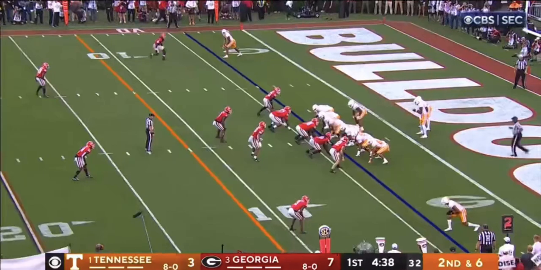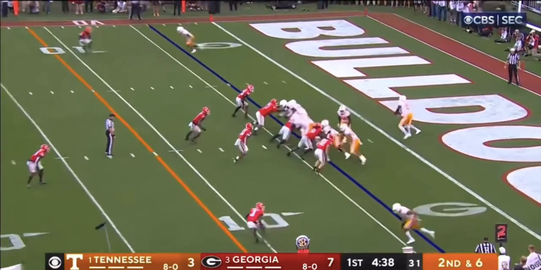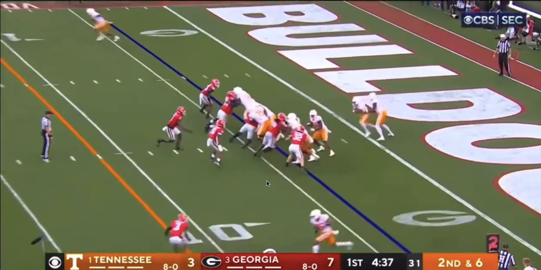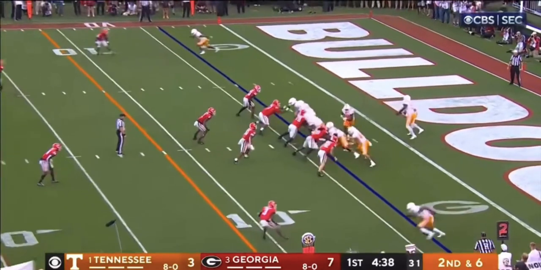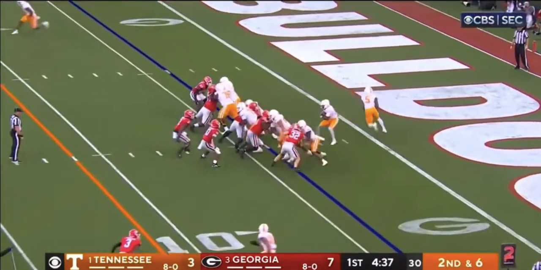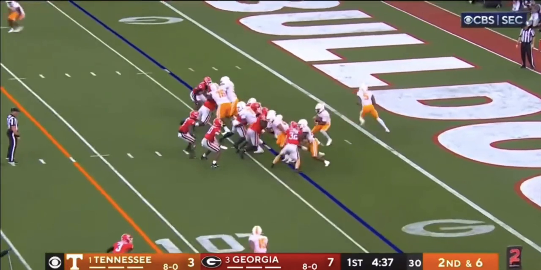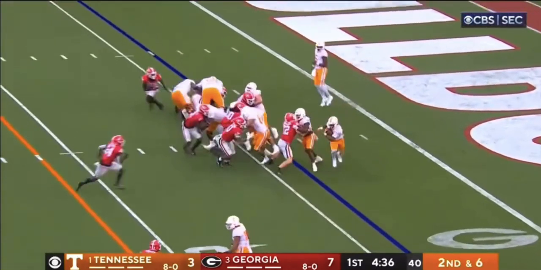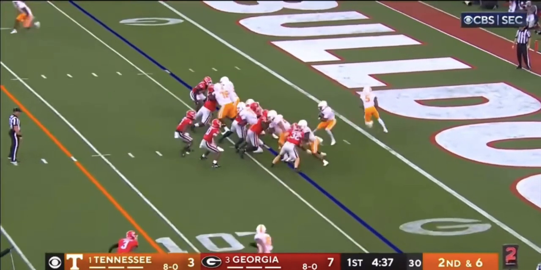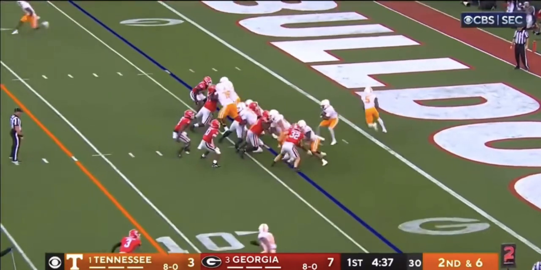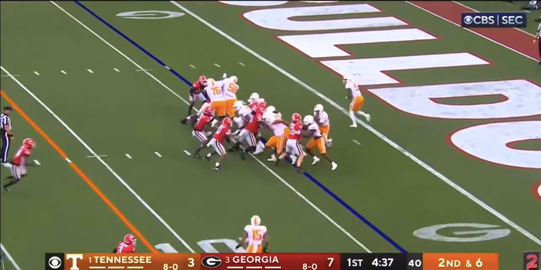Georgia is going to spill, all right? Spill meaning once this puller comes, he doesn't attack it from the outside. He goes inside here to plug that hole to spill the ball. I don't know why they call it that, but if I'm teaching a younger guy, I would say force the ball outside, all right? And this is a perfect example of the DN not getting greedy. He's already inside spilling.